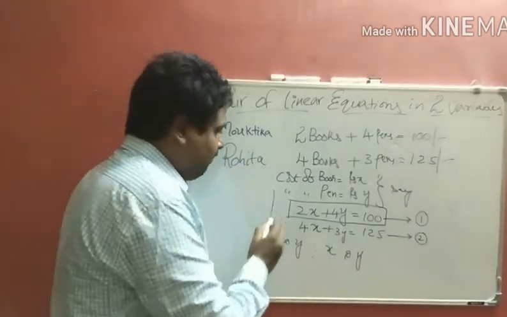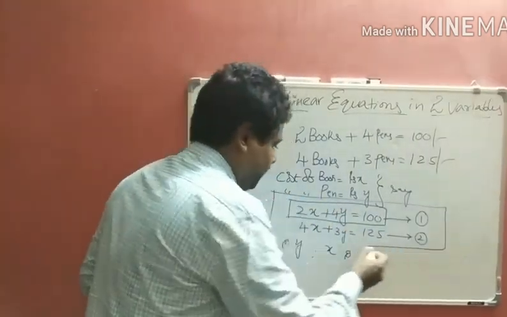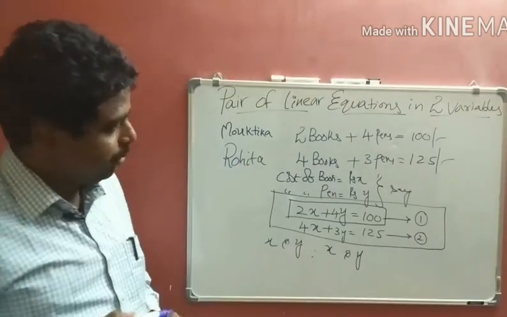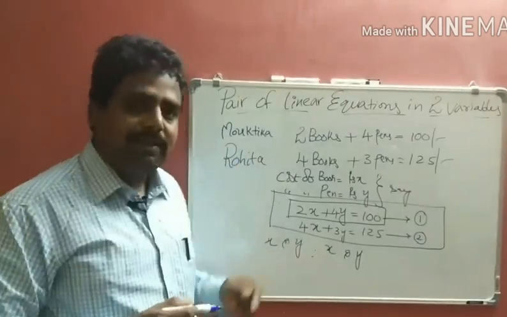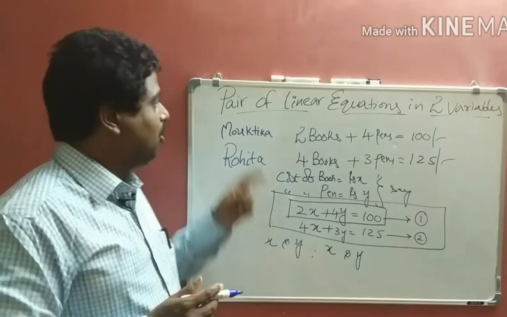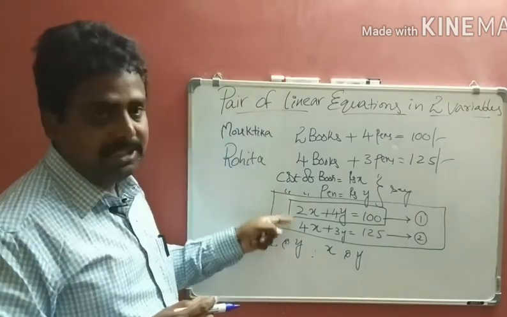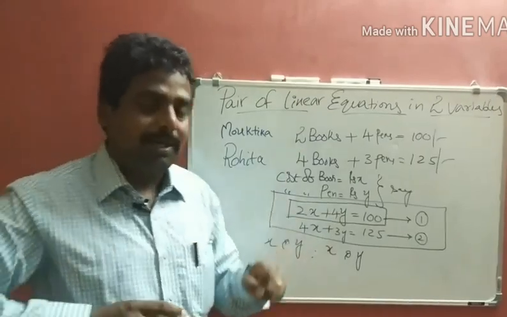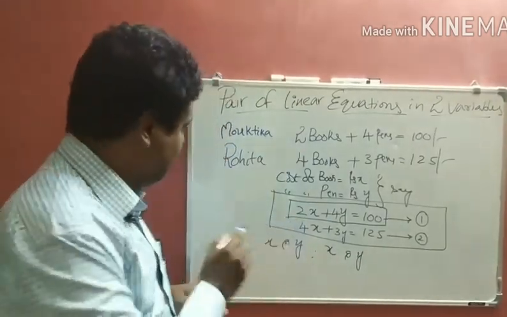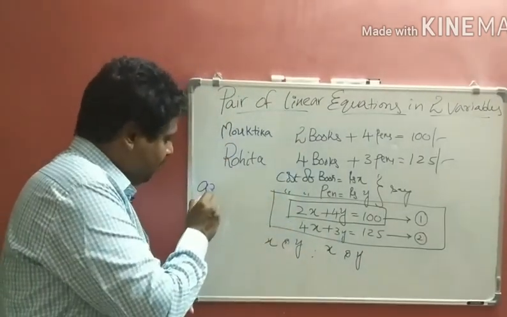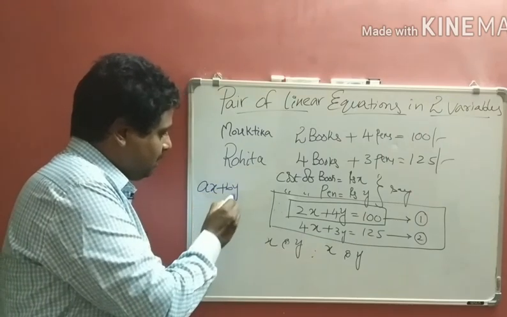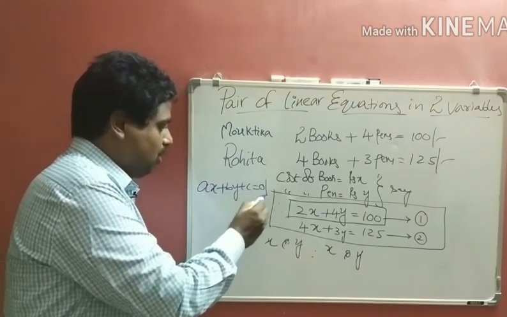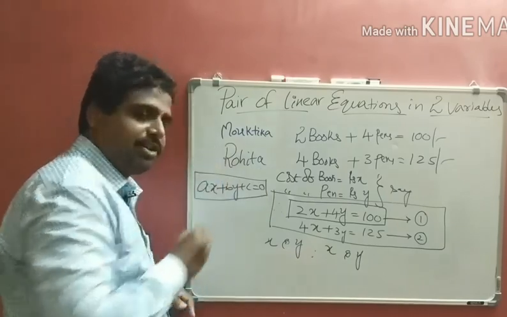Here we have 2 equations, 1 and 2. How many equations do we have here? 2 equations. These 2 equations are said to be a pair of linear equations. Already in my last video I told you what the general form of a linear equation is: ax plus by plus c is equal to 0. This is the general equation of the line.